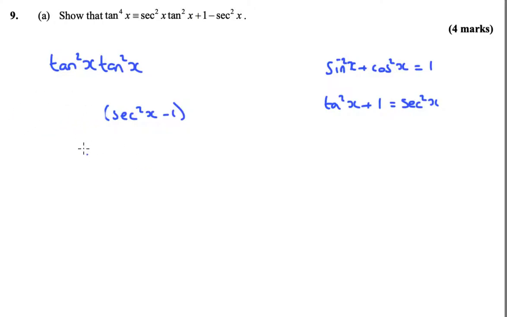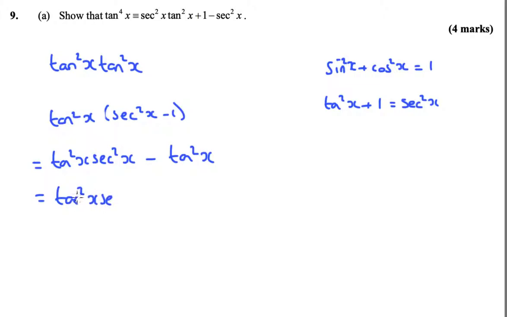So times that by tan squared x, and we're going to get tan squared x sec squared x, take away tan squared x, and then we can change this tan squared x, keep this one because that's in the answer, minus sec squared x minus 1 again.